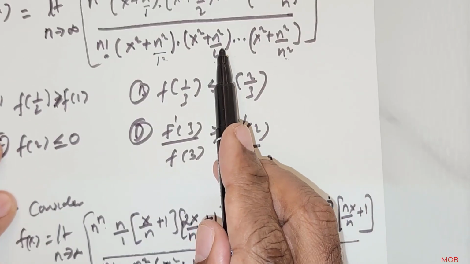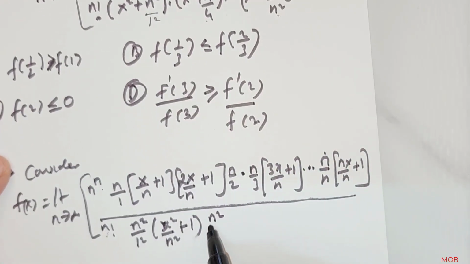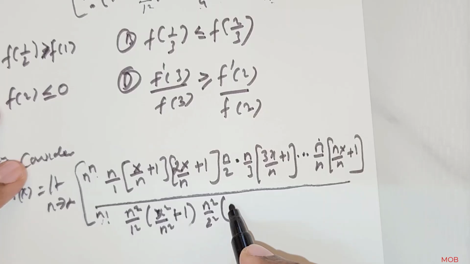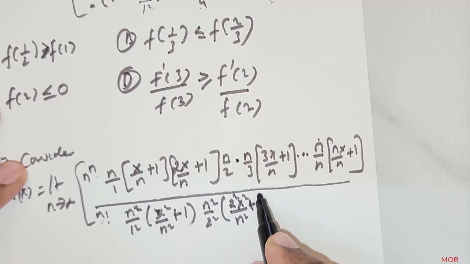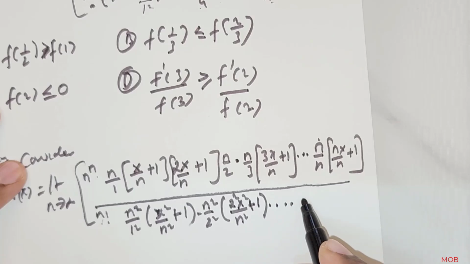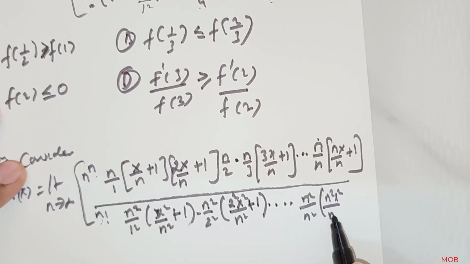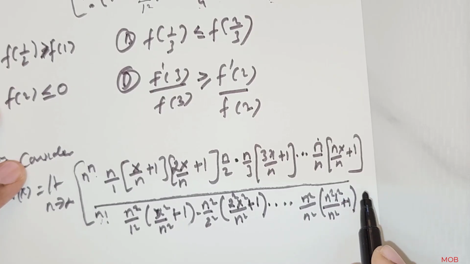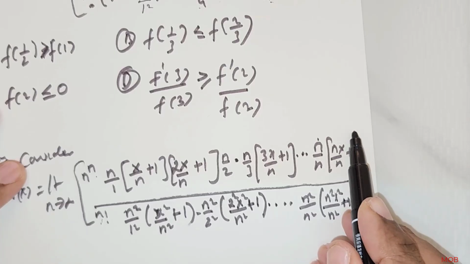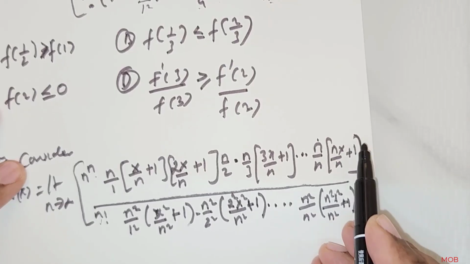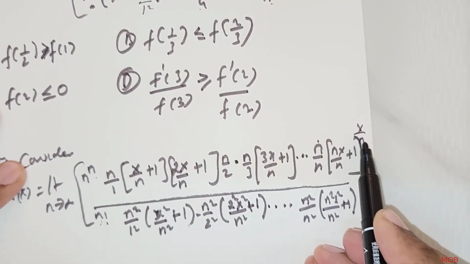For the next term I'm going to take n squared over 2 squared out, so this is going to be 2 squared x squared divided by n squared plus 1, and for the last term I'm going to take n squared over n squared out, and that is going to give me n squared x squared divided by n squared plus 1. So this entire component is raised to the power of x over n.